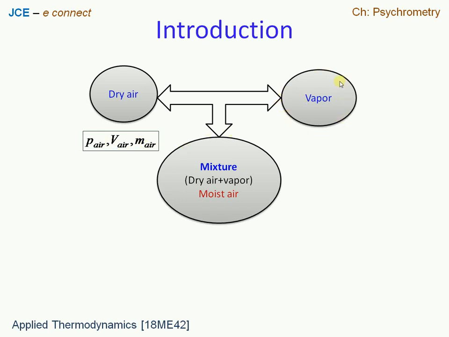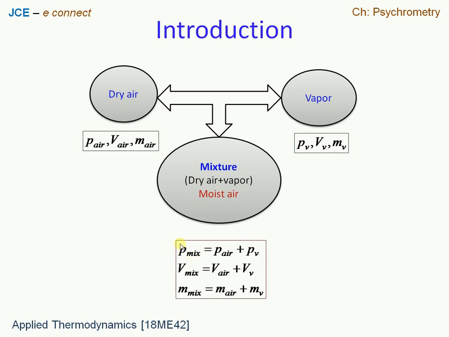Likewise, when you consider vapor, there also we have the partial pressure of vapor, the volume of that vapor, V with the suffix vapor, and the mass of that vapor as m with the suffix v. Likewise, when we combine dry air and the vapor, for pressure we can write the mixture pressure, or the total pressure, as equal to the sum of the pressure of dry air plus the partial pressure of the vapor.